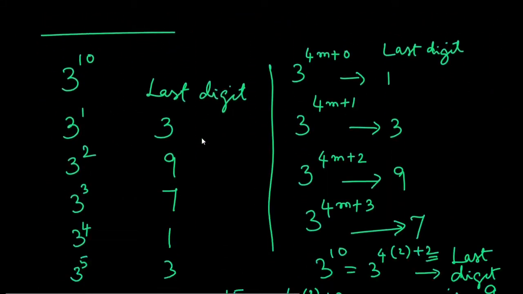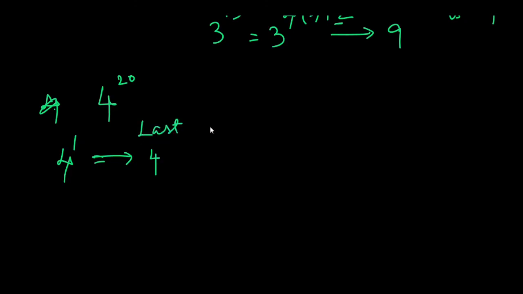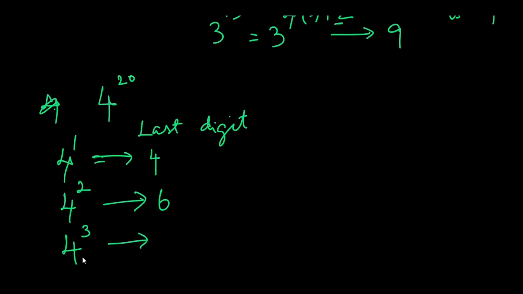Let us see for 4. 4 power 20. What happens for 4? 4 power 1, the last digit is 4. 4 power 2 is 16, so last digit is 6. 4 power 3, multiply by 4, 6 into 4, 24.